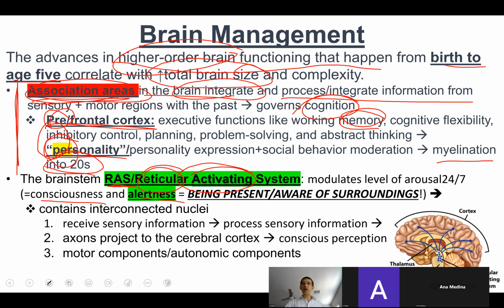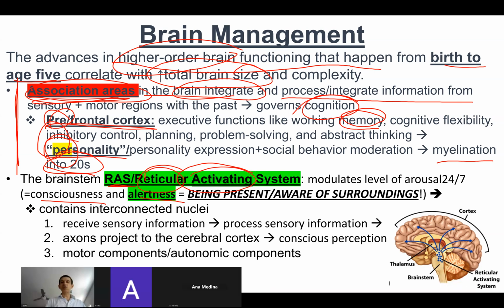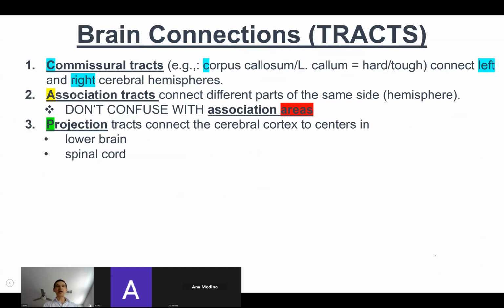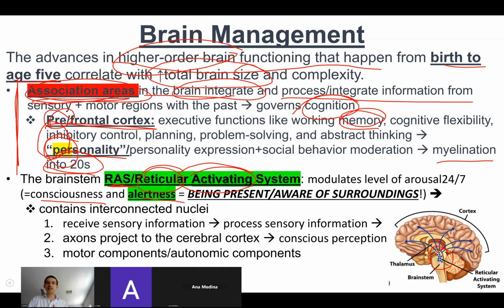The way this reticular activating system, the reticular formation, is structured is that we have a few nuclei. Nuclei are the gray matter within the white matter in the brain, which I'll bring home a few slides down the road when we talk about the basal ganglia.